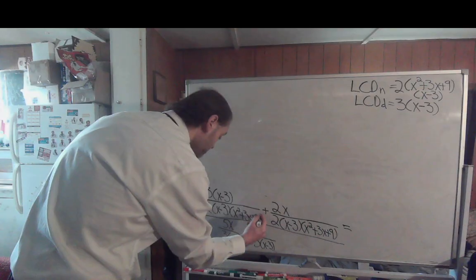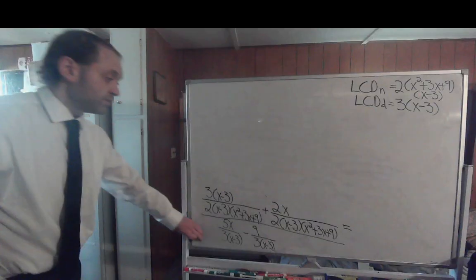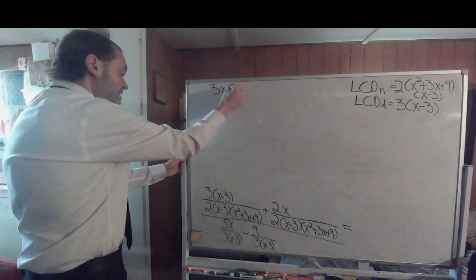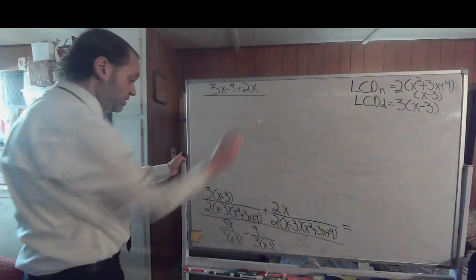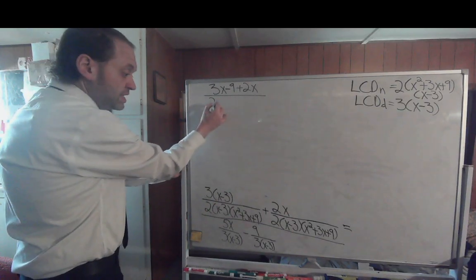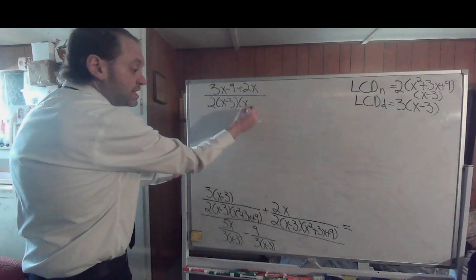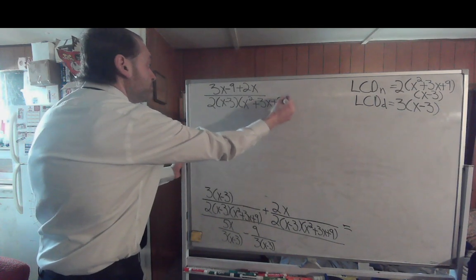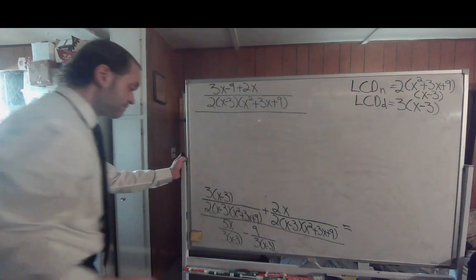Well, both numerator and denominator have their least common denominators, so this is going to turn into 3x minus 9 plus 2x all over 2 times x minus 3 times x squared plus 3x plus 9, all over.